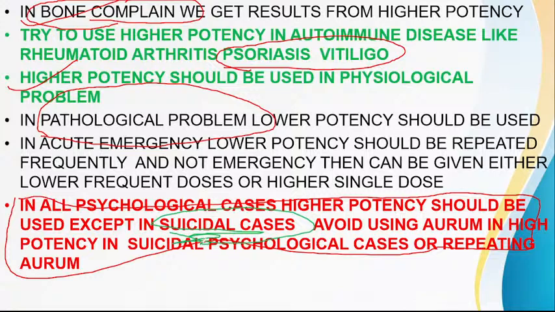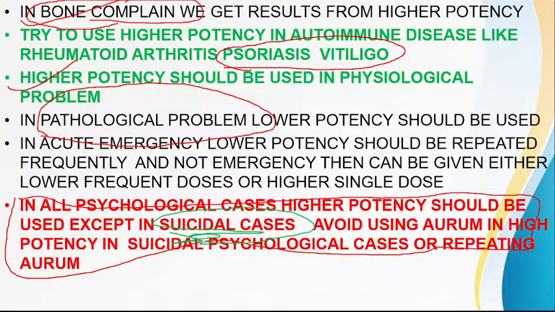Suppose a patient comes to your clinic and you have selected a clear-cut case, this patient is totally similar to Aurum met, and if you give Aurum met 10M or a high potency, then many times it has been seen that their suicidal thoughts increased, aggravated for some time, and the patient committed suicide and died.